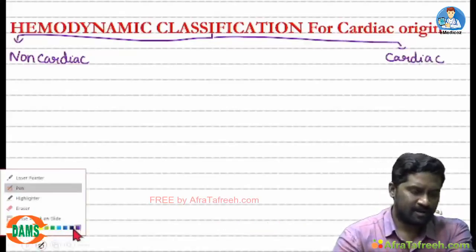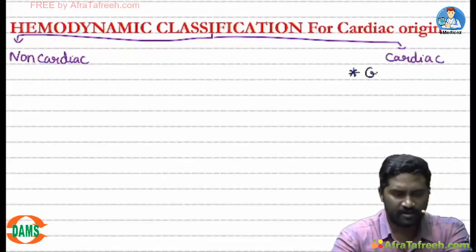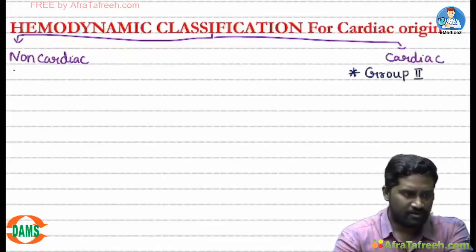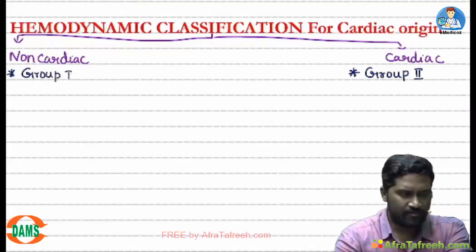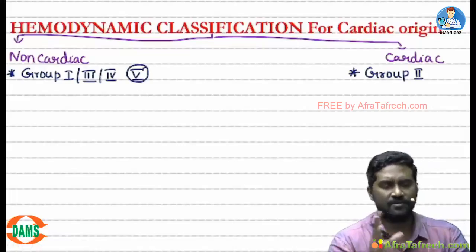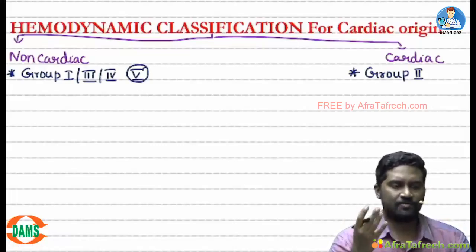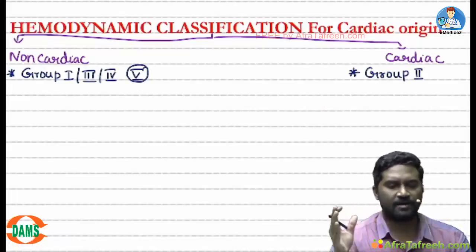With the previous classification, cardiac origin is generally group 2. Non-cardiac origin is group 1, group 3, group 4 and group 5. Actually we don't know the exact mechanism of group 5, so according to the new classification we are not putting it in either.